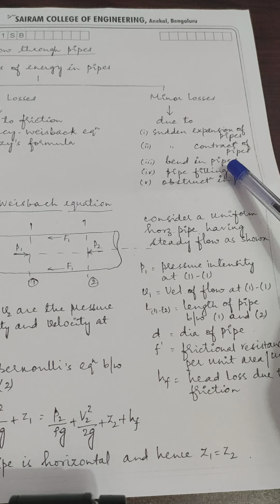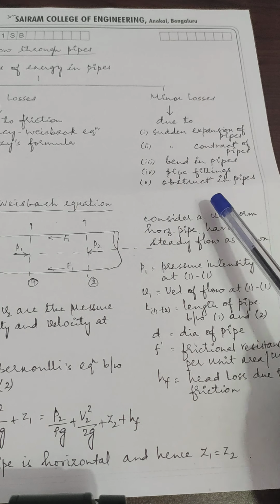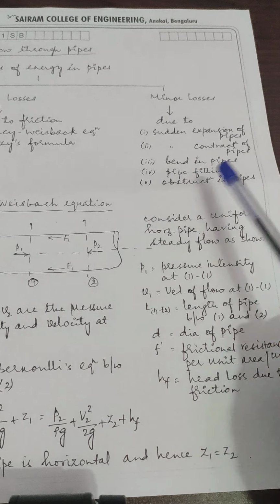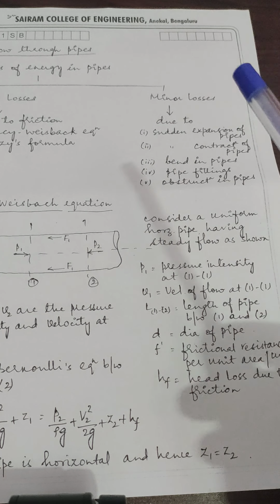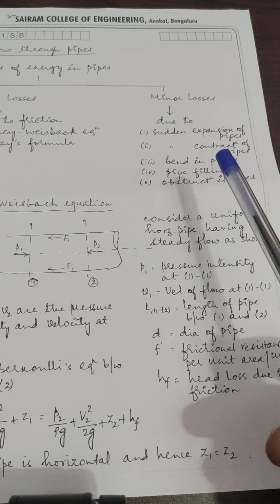Then if there is a pipe bend, that is in the direction of the fluid flow, if there is a sudden bend in the pipe, that also results in loss of energy. Then external pipe fittings like collars and T. When two horizontal pipes are connected with one vertical pipe, we take the help of a T to join two horizontal pipes and one vertical pipe.